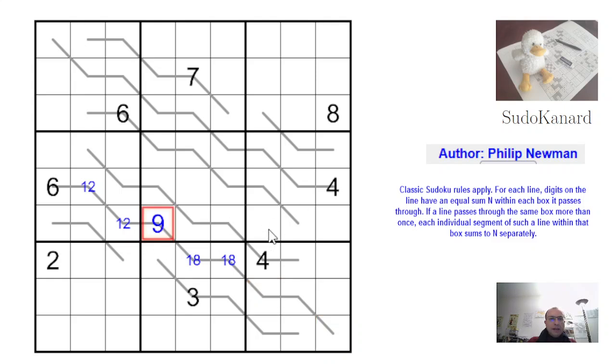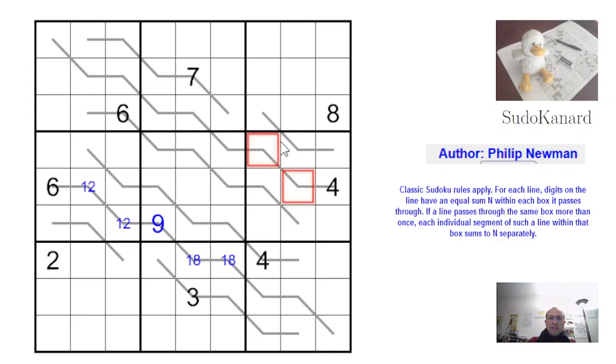This 9 now, and this is the step that I remember that I missed during my solve. This 9 must appear somewhere in those cells. And it can't be here because if 9 were in those cells, they would sum to at least 10, and this digit can't sum to at least 10.